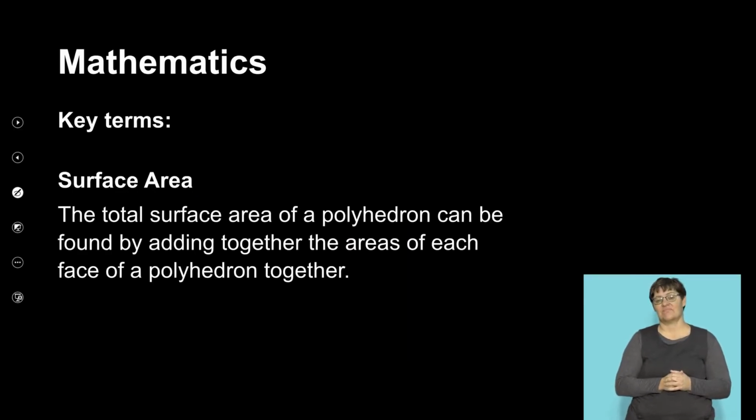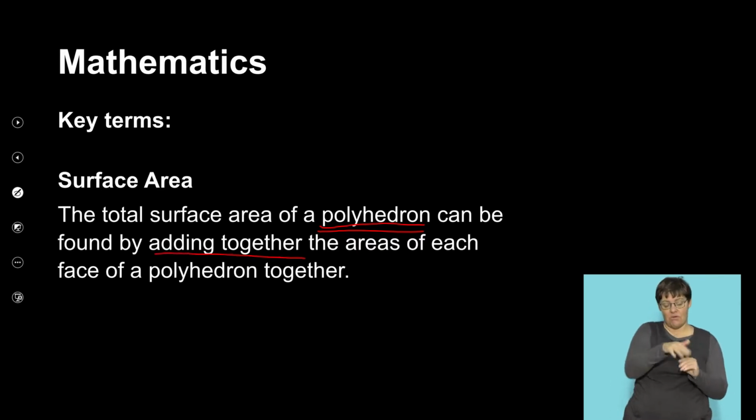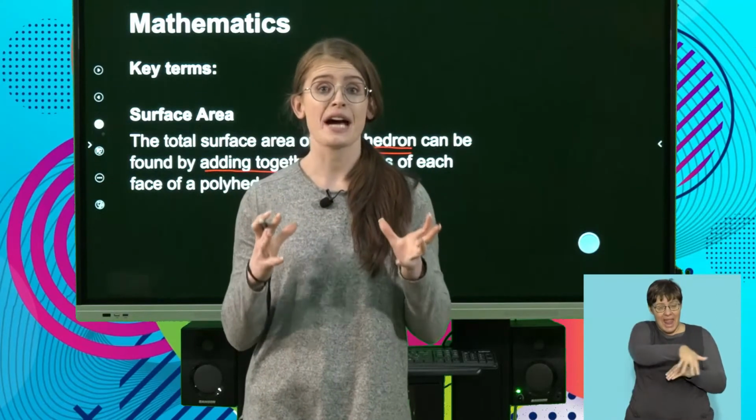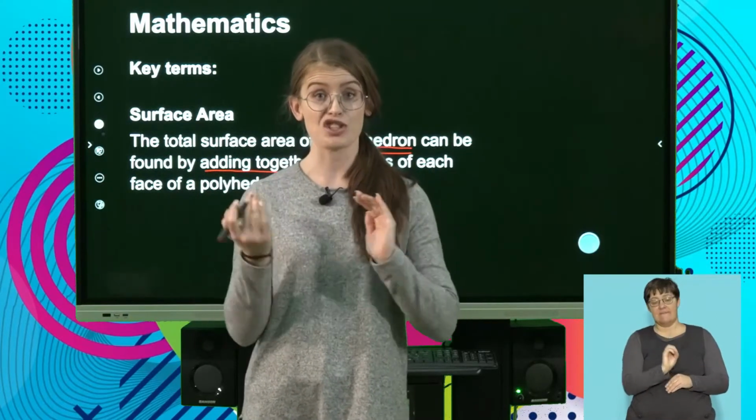So the surface area can be defined as the total surface area of a polyhedron, and we know that a polyhedron is a three-dimensional shape, can be found by adding together the areas of each face of a polyhedron together. So everyone, the surface area has got to do with the area that the three-dimensional figure has on its outer surface.